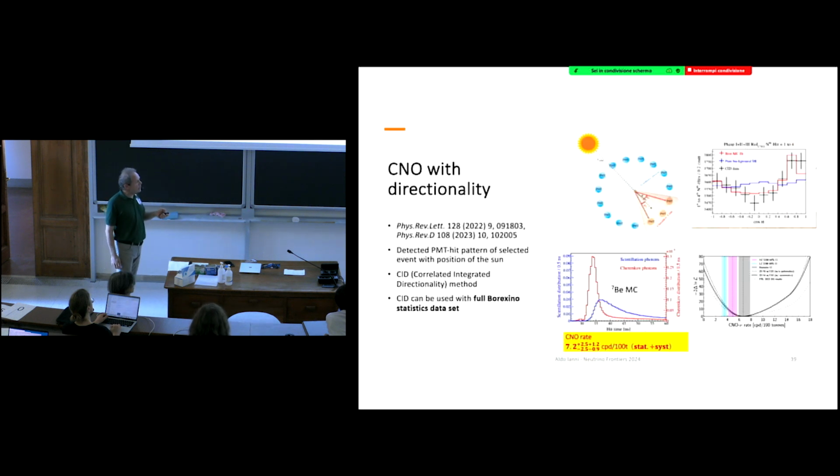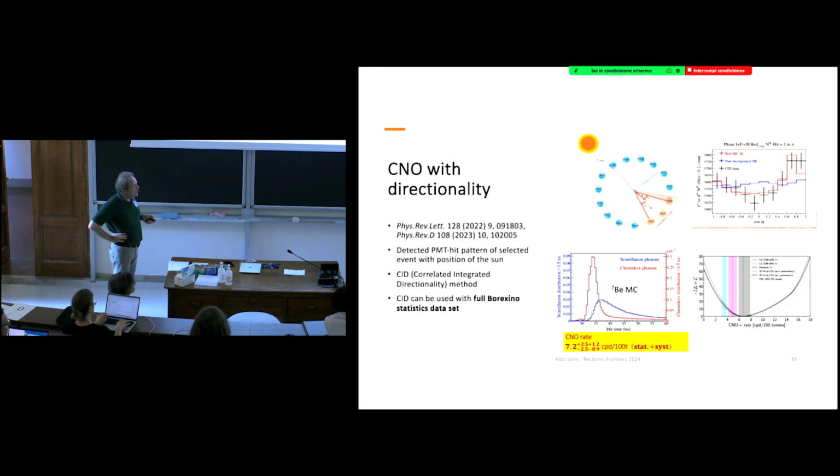Then this idea was applied to CNO neutrinos and was successful because in the end we could measure CNO neutrinos in a region of interest where the dominant neutrino flux is due to CNO neutrinos. When a neutrino interacts in the detector, the Cherenkov light is produced in the direction of the event and with respect to the sun, which we know for each event.